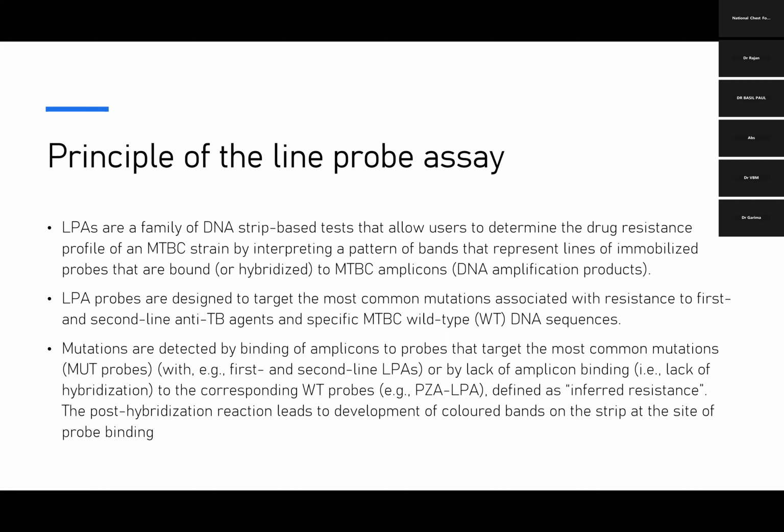Mutations are detected by binding the amplicons to probes that target the most common mutations, the MUT probes, in the first and second line LPA, or by lack of amplicon binding, that is, lack of hybridization to the corresponding WT probe. I'll go into detail in the next few slides.